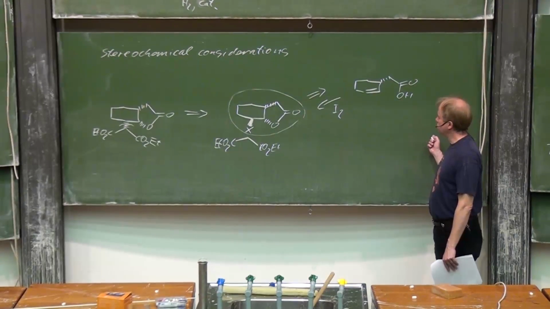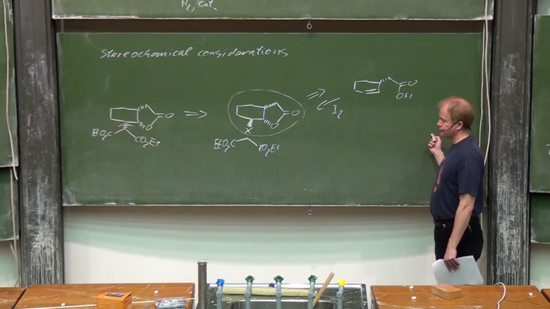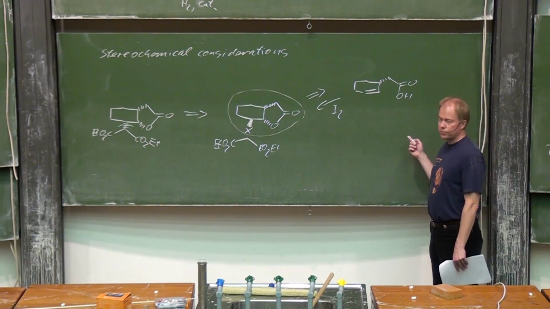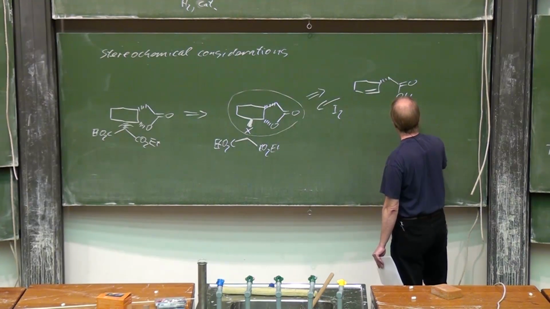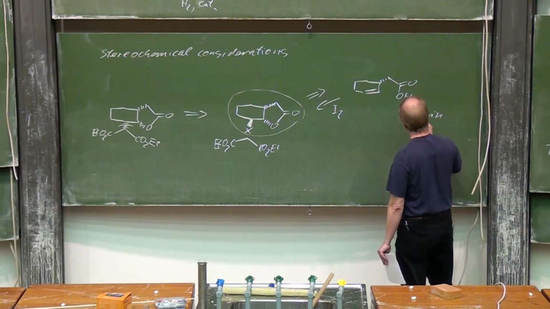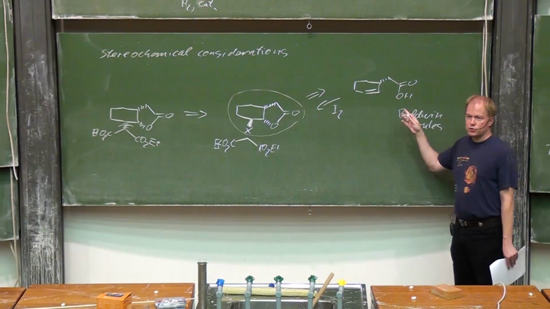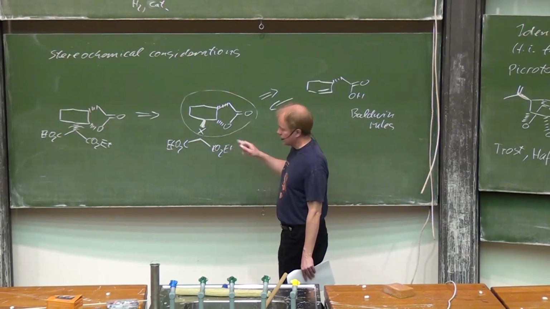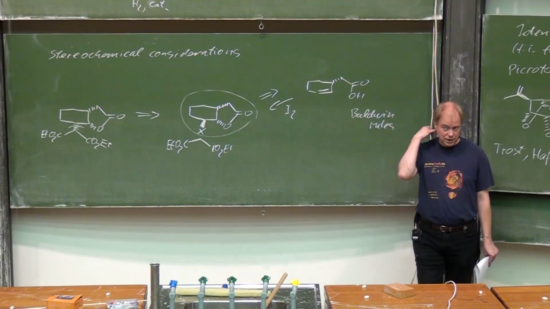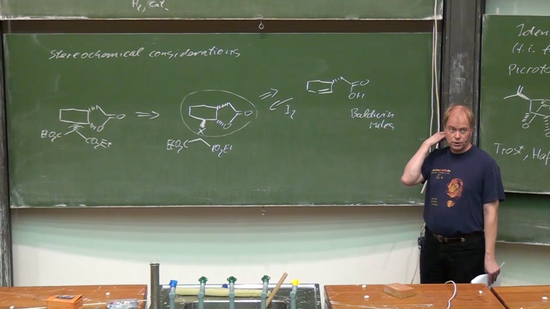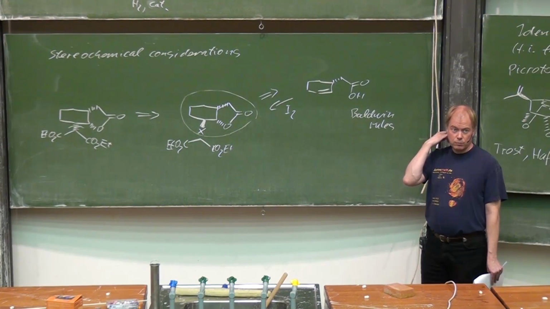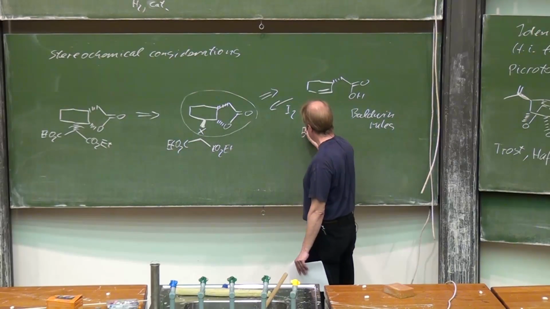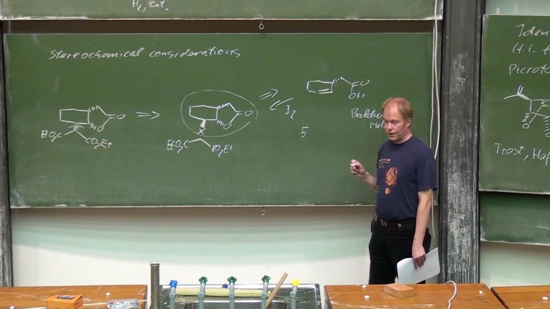Just to remind you of the Baldwin rules. How do we classify this cyclization reaction? So what kind of cyclization is that according to the Baldwin rules? Well, a 5-membered ring is formed, so we write down a 5.